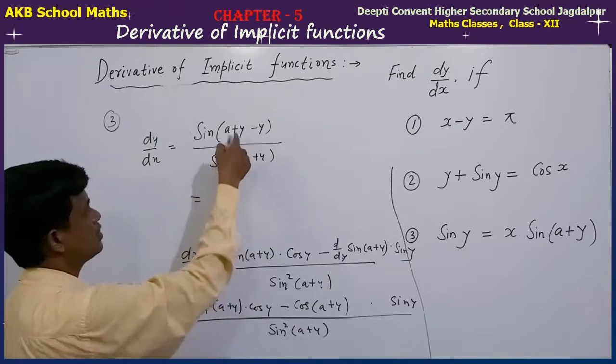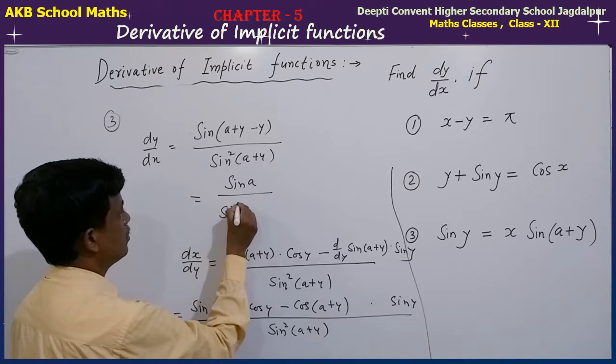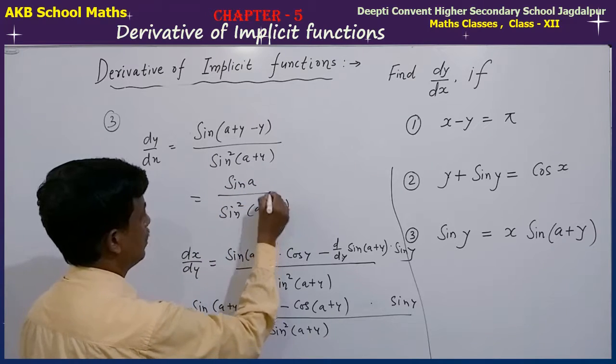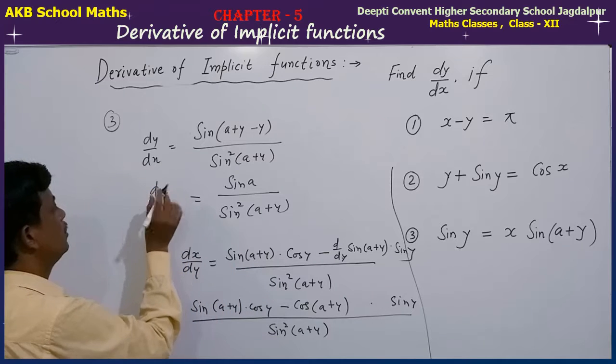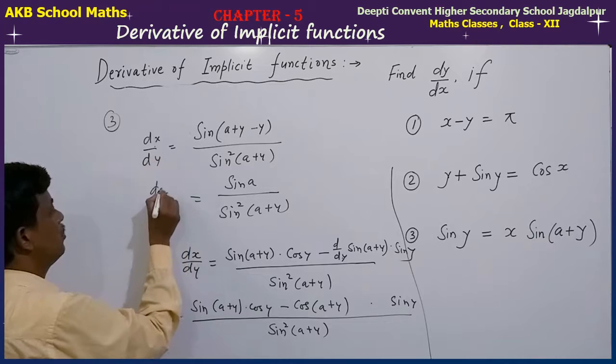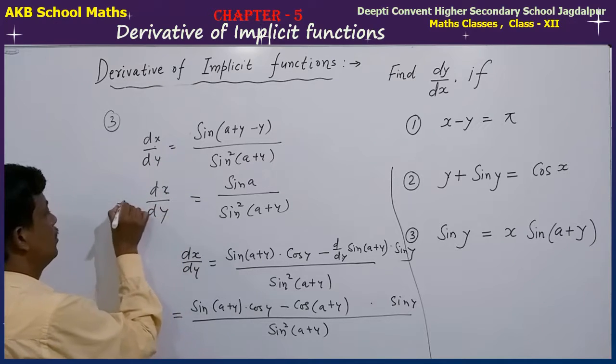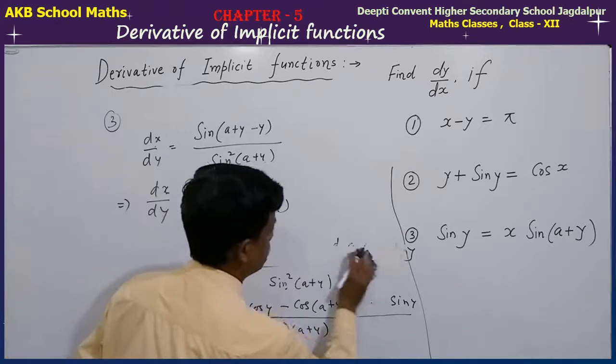So this equals sin a upon sin square(a plus y). This is the value of dx upon dy. Okay, we get it like this.